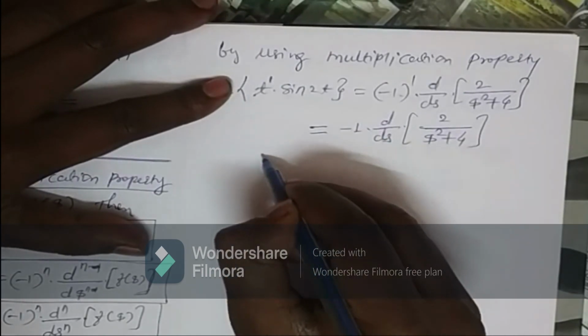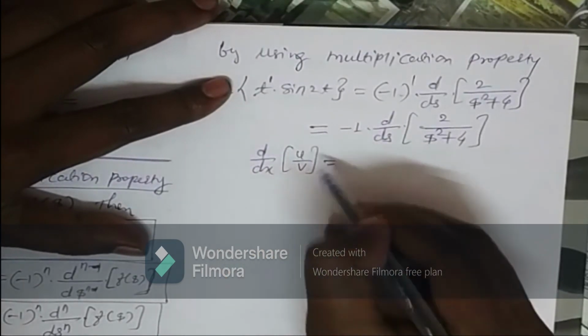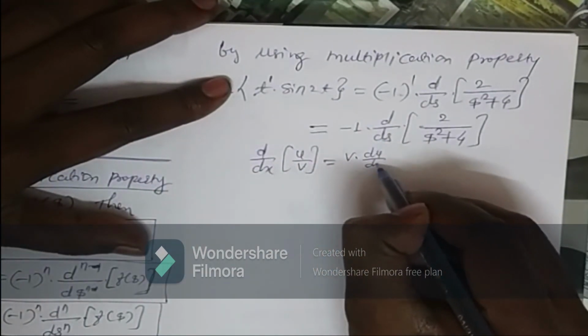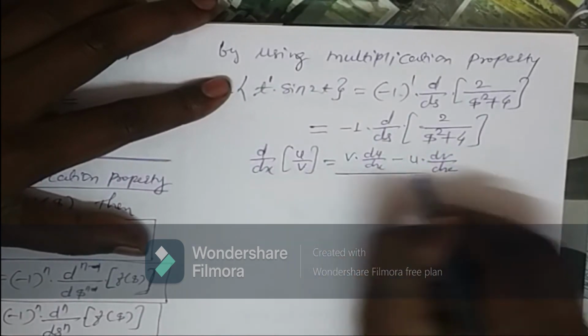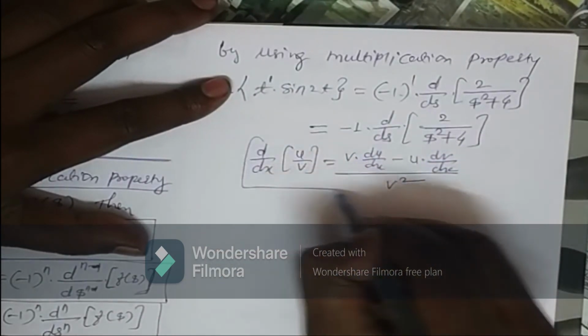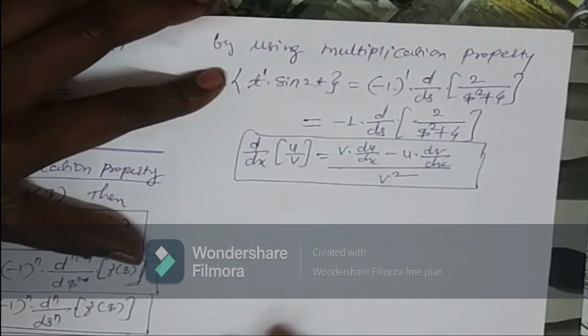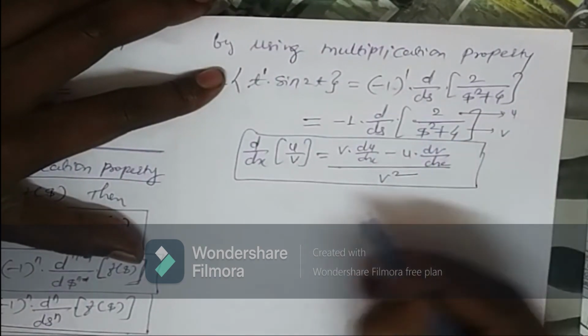Now if you want to solve the derivative of this, you should remember the formula of the derivative d/dx of u/v. What is this formula? v as it is times du/dx minus u as it is times dv/dx, upon v^2. By using this formula, you can solve this. This is u and this is v.